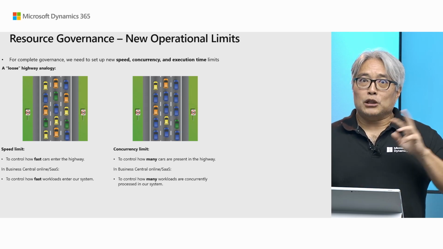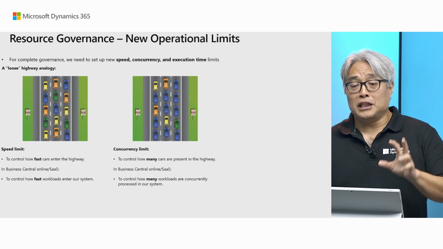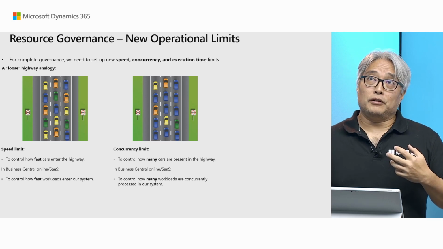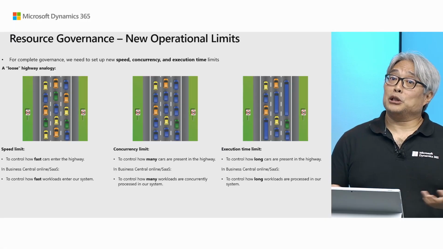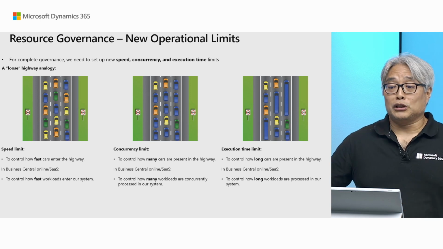Now, we already have this speed limit and concurrency limit. What we are missing, and would like to introduce in the future, is a new limit called the execution time limit. So imagine in this highway analogy, you have cars coming in under the speed limit, and they are not entering the highway from multiple entry points, but some of these cars are stretch limousines or long trailers or trucks.